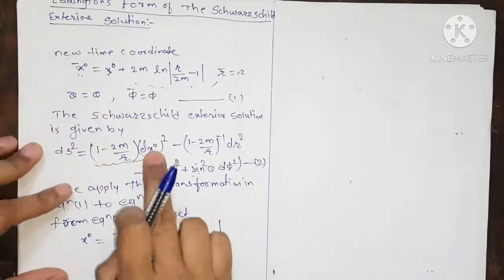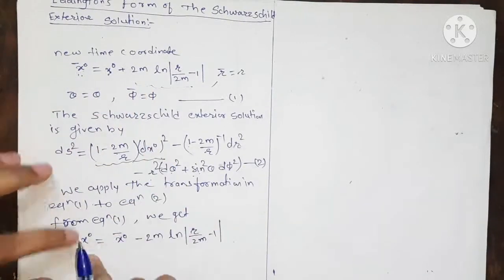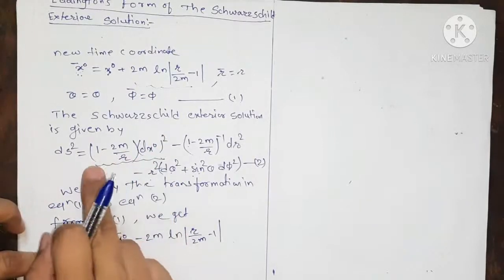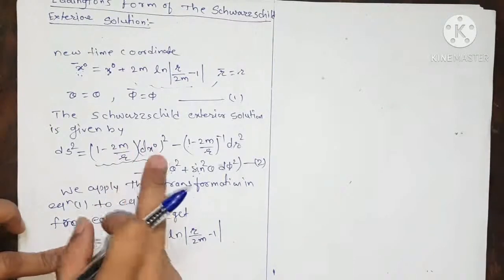Now we have to find dx0, then we find dx0 square, and after solving for dx0 square we multiply this bracket to that dx0 square.